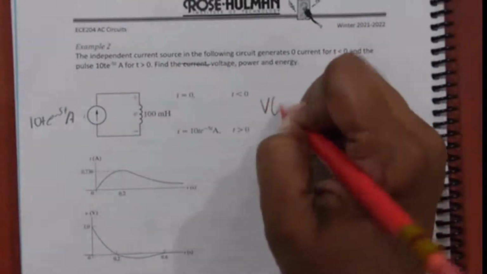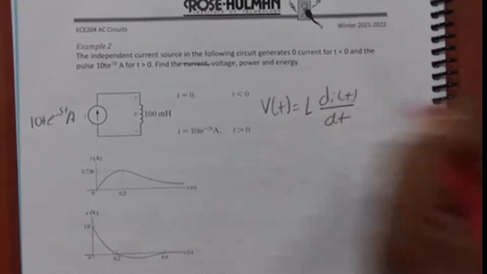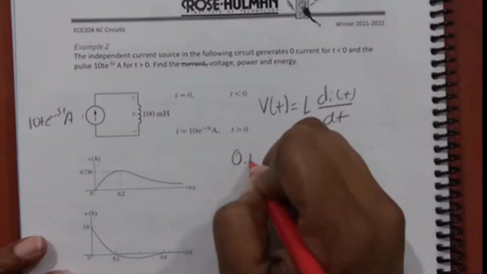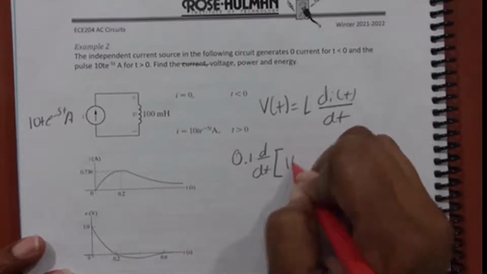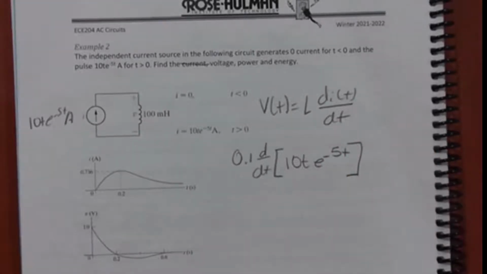So v of t equals L di of t dt. So it's going to be 0.1 times the derivative with respect to time of 10t e to the minus 5t.